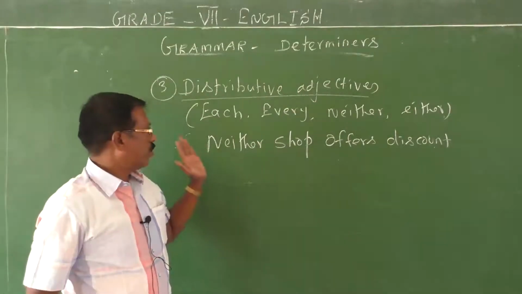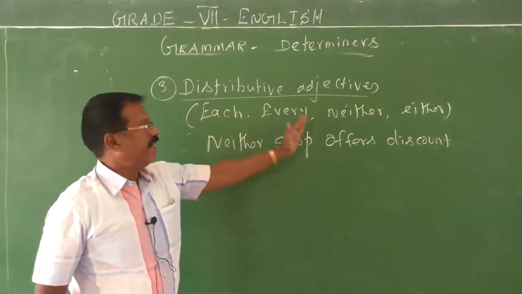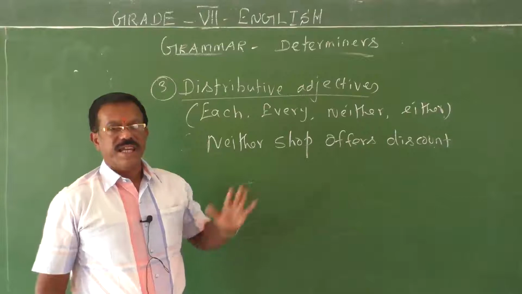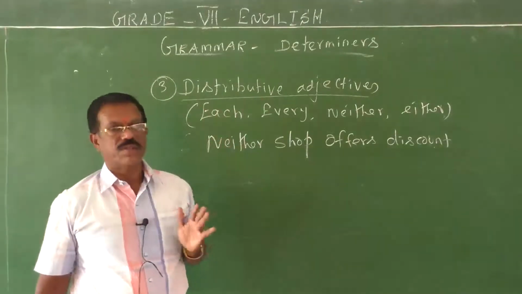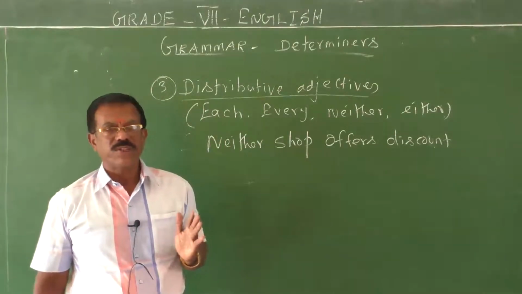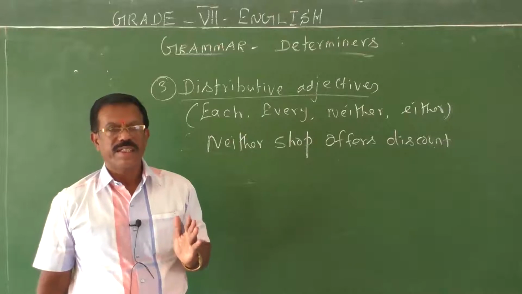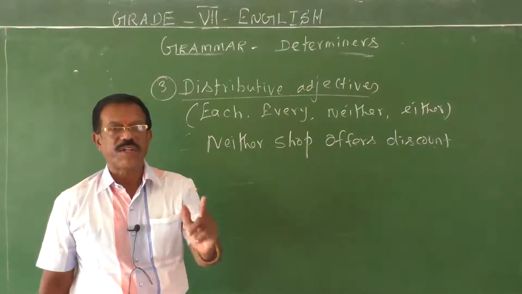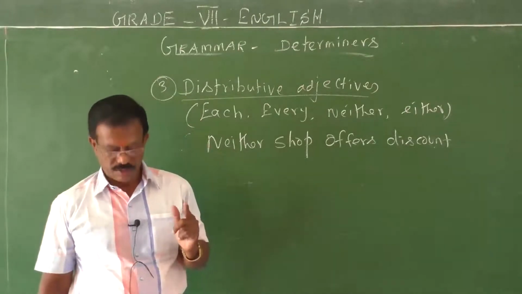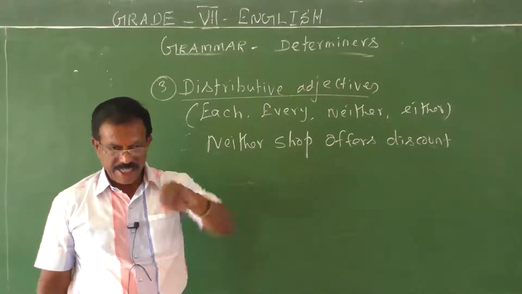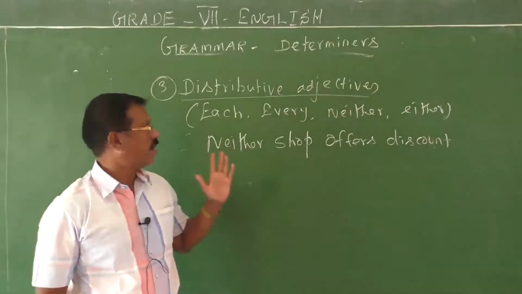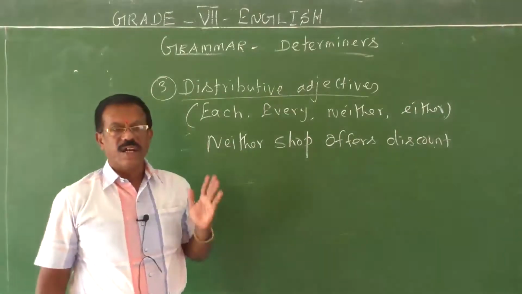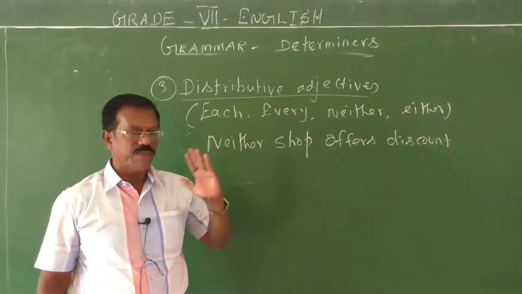Okay, fine. So each, every, neither and either are called distributive adjectives because they refer to the noun. They restrict the meaning of the noun to one at a particular time. They point out. Okay. So they refer to each and every one at a time. Therefore they are called distributive adjectives. They also restrict the meaning of the noun before which they are used.